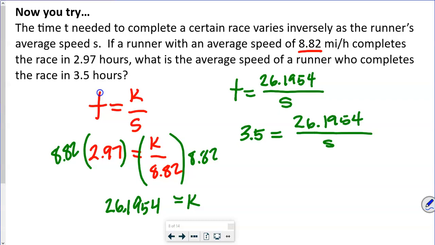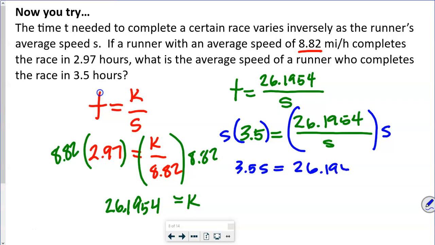So how do we get rid of that s again, guys? Yes, we multiply both sides by it. So that's going to give us 3.5s equals 26.1954, right? And then we're going to divide both sides by the 3.5 because we're trying to find the speed, right?